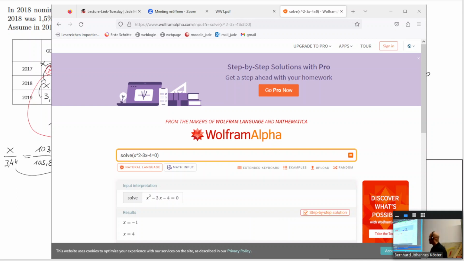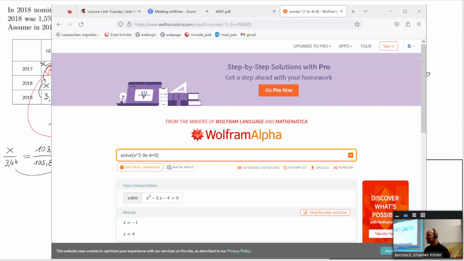I don't know how it's called in English, but in German we call the solution formula for quadratic functions the midnight formula or PQ formula. Of course you can do it by hand, but if you know what you do, then why not take all these very, very helpful tools?